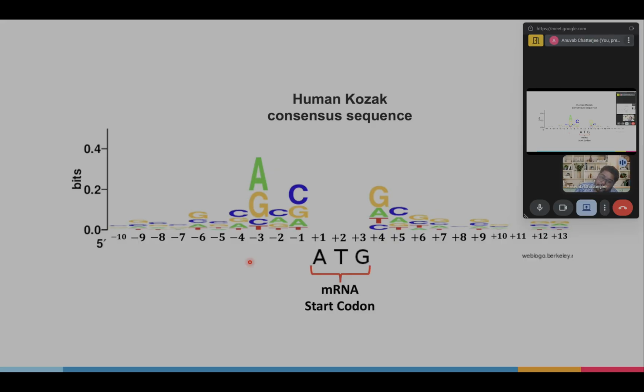The ATG is completely present in all these organisms, but the others can vary a bit, yet they form a consensus sequence. This is known as the Kozak consensus sequence, and is present throughout in different organisms and types of cells.